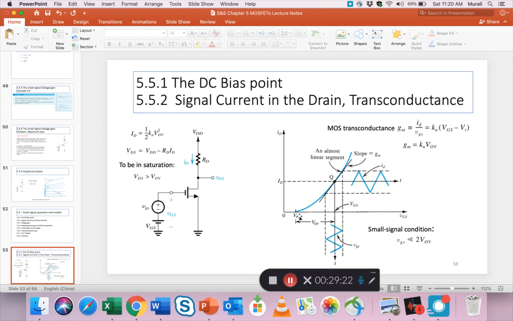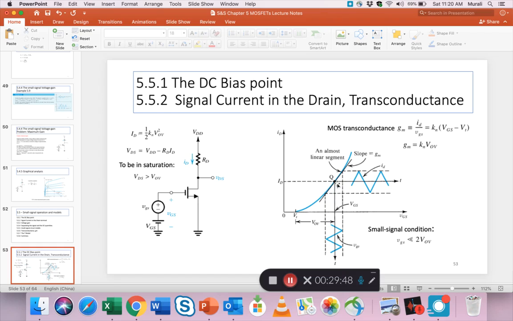As you can tell, this is the cutoff region, very low VGS. It's even less than VT, no current flows because the device doesn't turn on. And once it's past VT, boom, current starts to flow, and we enter the triode and the saturation region very quickly.